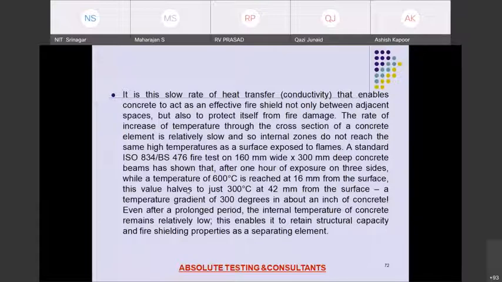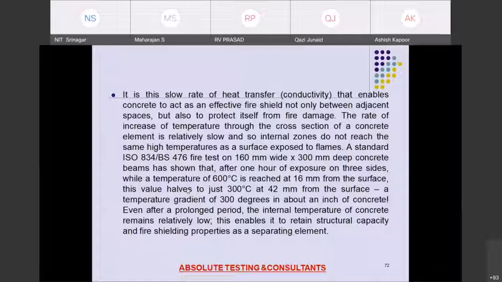A standard ISO 834 or BS 476 fire test on 160 wide by 300 deep concrete beams shows that after 1 hour of exposure on these sides, a temperature of 600 degrees Celsius is reached at 16 mm from the surface, and this value halves to just 300 degrees at 42 mm from the surface.